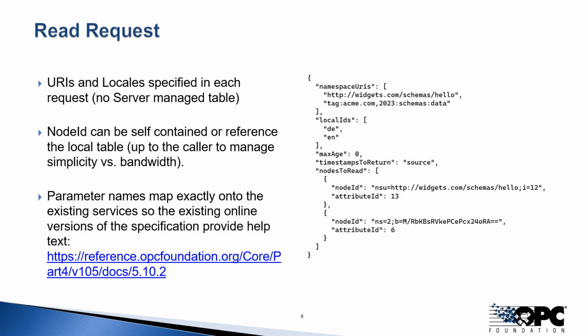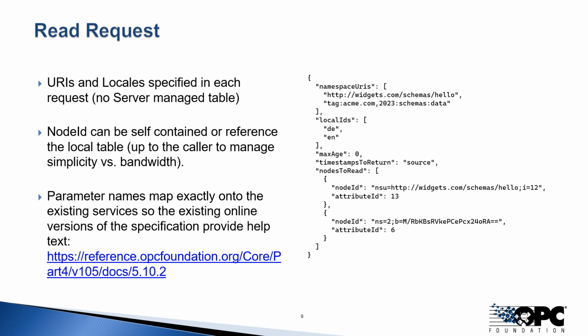We didn't want to throw away the namespace URI tables because it is an important optimization that is going to be needed in some cases, but it's optional. In this case, the table only contains strings that are actually referenced in the request. So the request itself is completely self-contained.